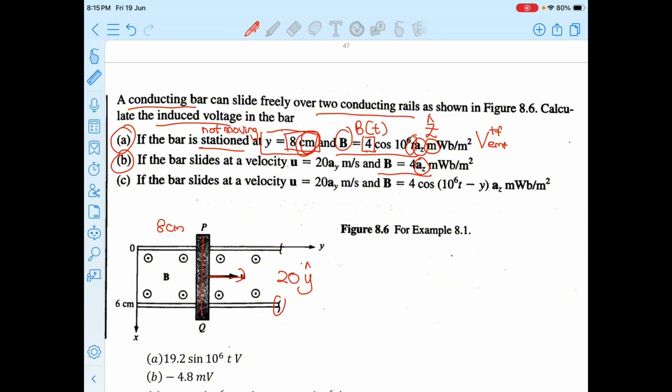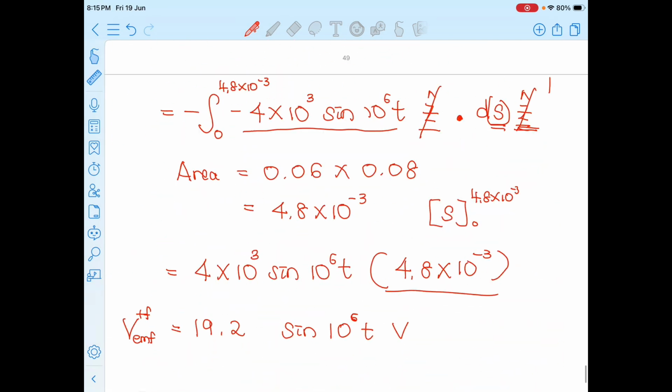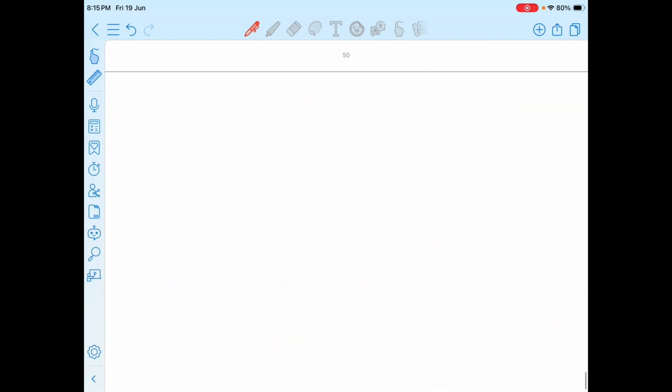Since we are moving the bar, we are going to calculate the motional EMF.